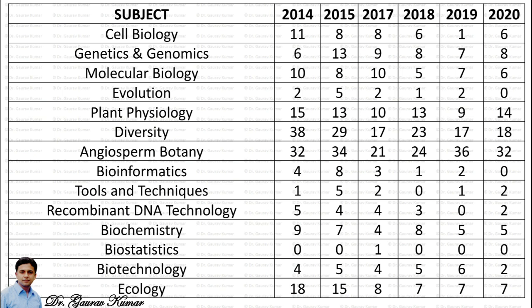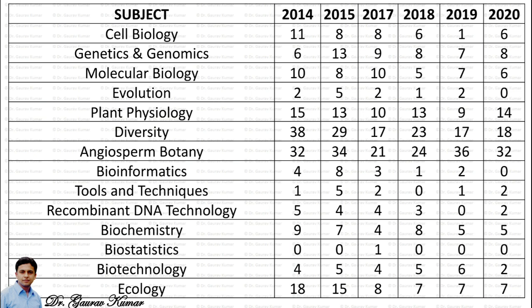Then we have bioinformatics. Very rarely they ask some question. These days they are not even considering it at all. In tools and techniques, one or two questions from microscopy or agarose gel electrophoresis, southern blotting, western blotting, and so on.